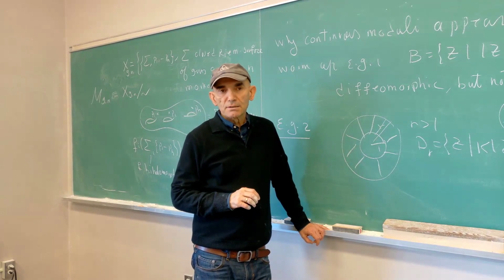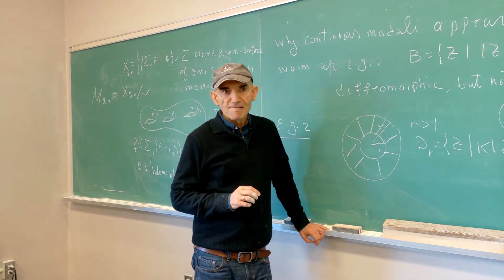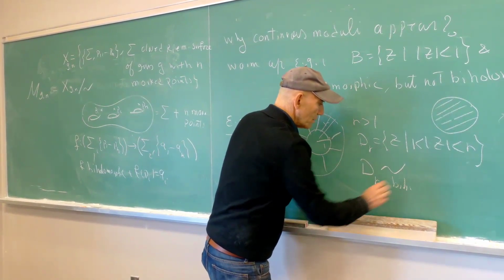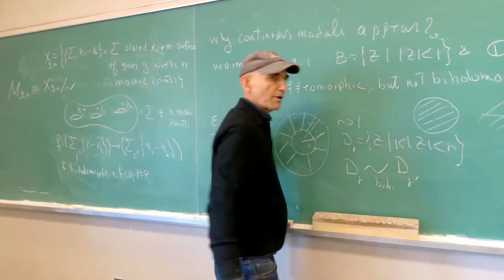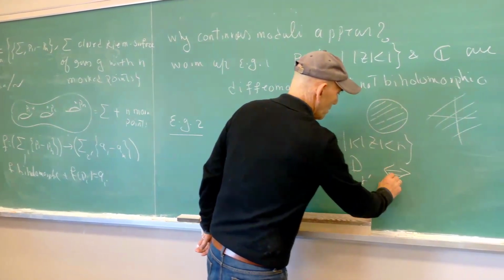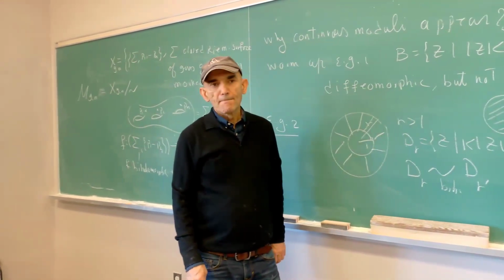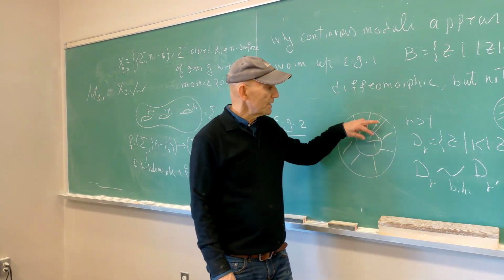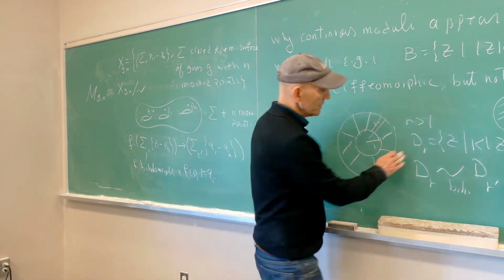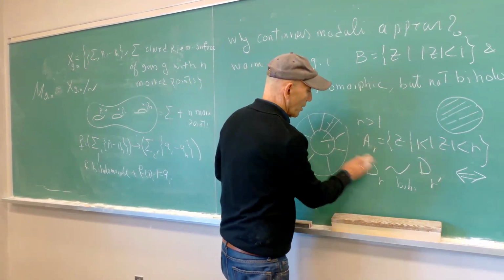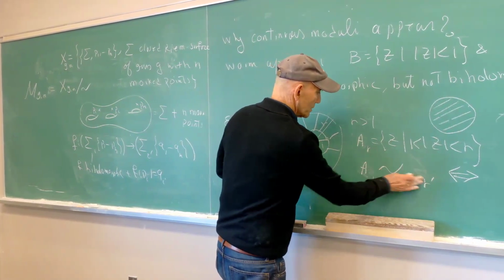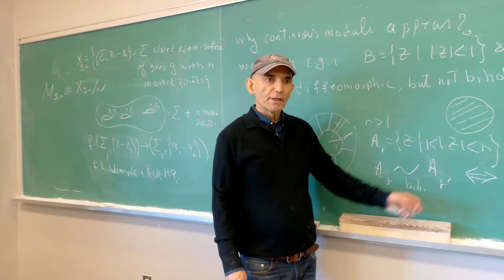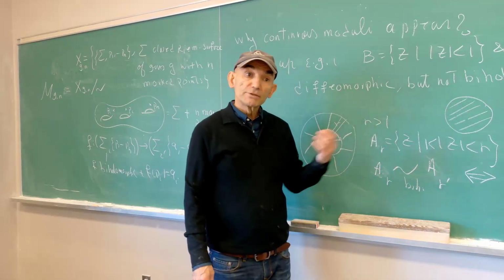Then there's an exercise in holomorphic functions that asks you to prove this: when is D_r biholomorphic to D_r prime? Actually, maybe I call them annuli, A_r, because this is a better name. This annulus A_r is biholomorphic to annulus A_r prime if and only if r is equal to r prime.